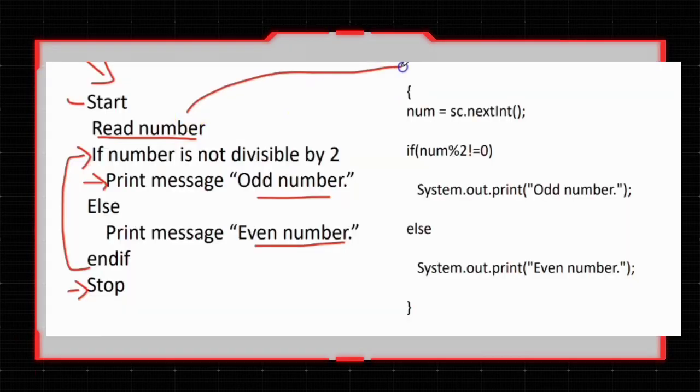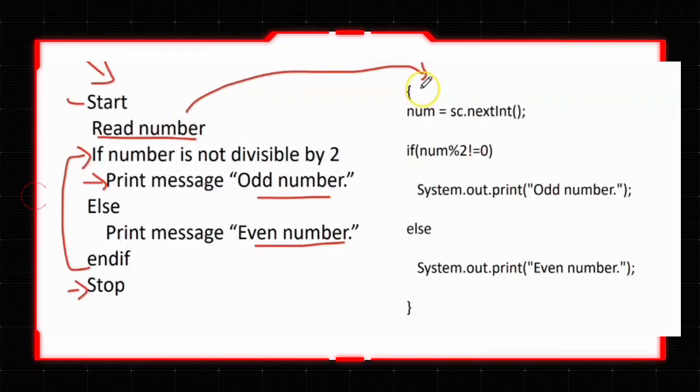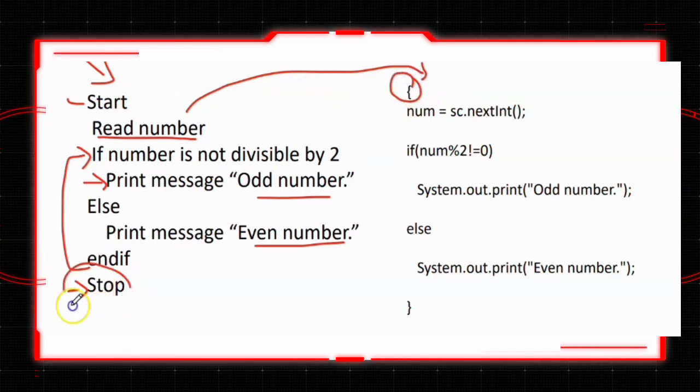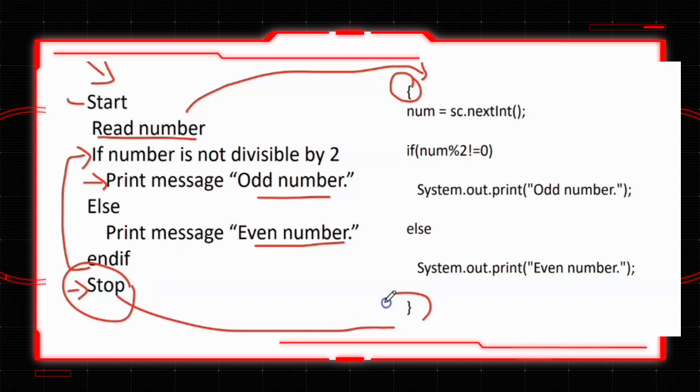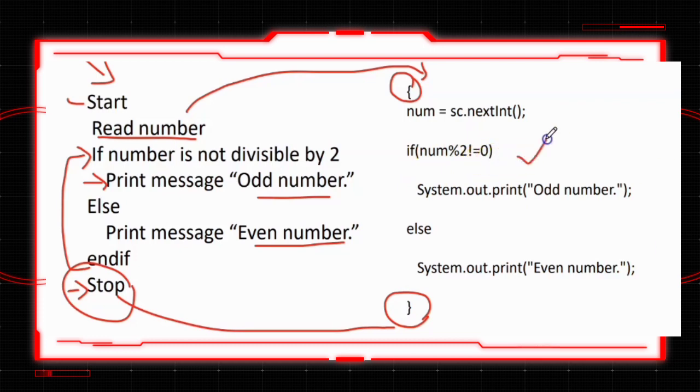Okay, now we try to convert to source code. So start is open curly bracket, stop is close curly bracket. For read number, so number = sc.nextInt() with the semicolon. Then we have if number modulus 2 not equal to 0.